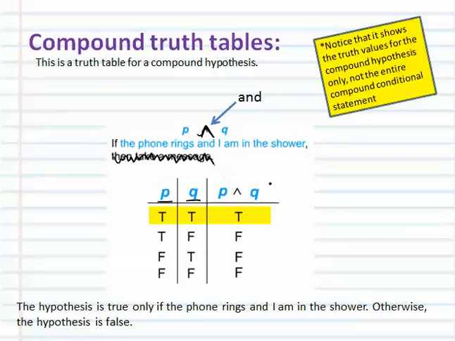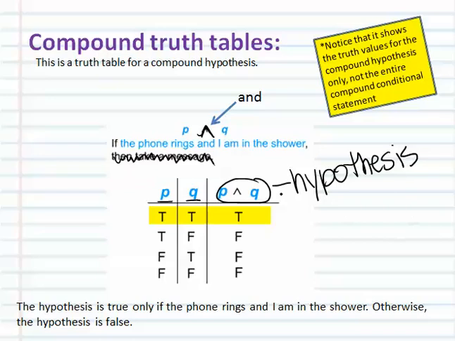So basically right here, this last column is the truth value of the hypothesis statement, which would be the whole thing, so P and Q combined. Now, in order for P and Q to be true, so in order for this column to have a true value, that means we have to have P to be true and Q to be true.